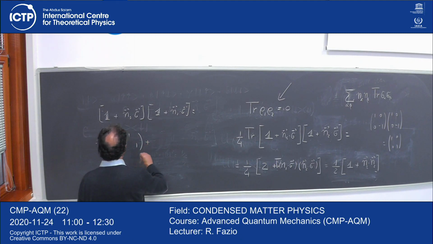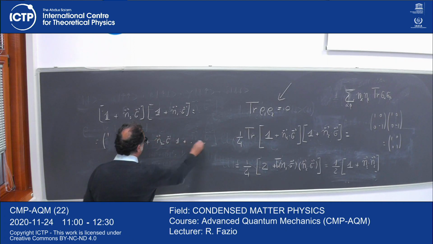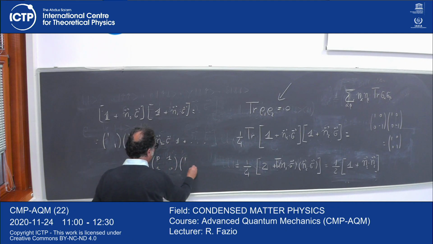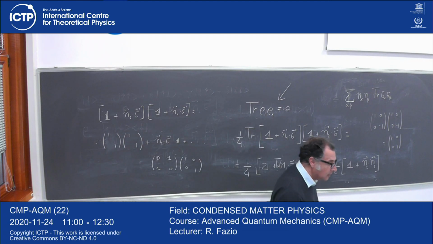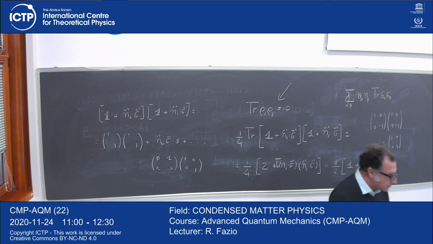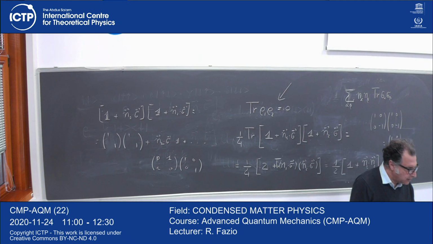Then I have plus n1 dot sigma times the identity, which means that I have to do sigma x, 0, 1, 1, 0 times 1, 1, 0, 0. Okay? Is it okay? Yes. But I don't know if it's okay for the person who said it was not clear before.